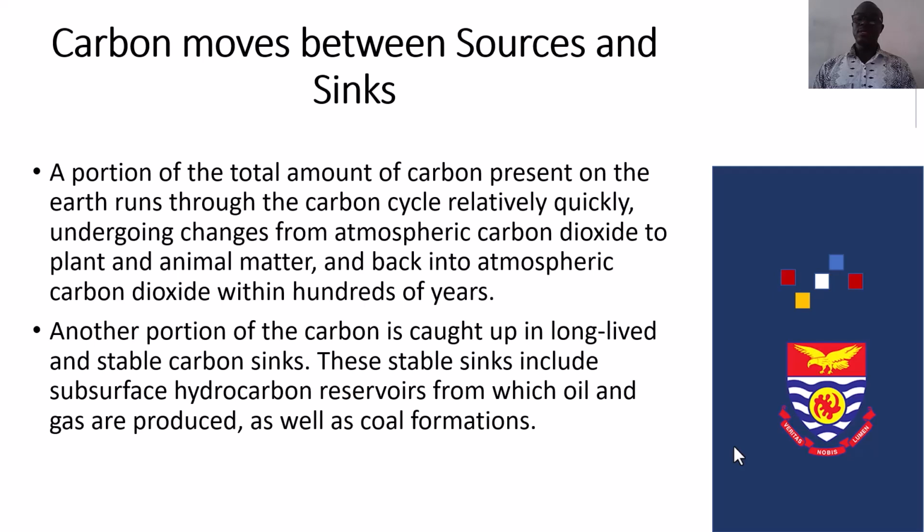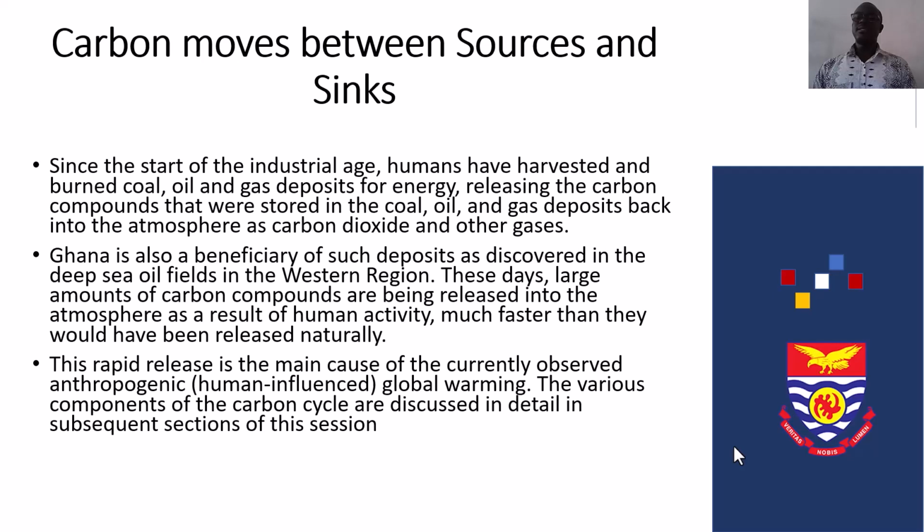These stable sinks include subsurface hydrocarbon reservoirs from which oil and gas are produced, as well as coal formations. Since the start of the industrial age, humans have harvested and burned coal, oil and gas deposits for energy, releasing the carbon compounds that were stored in the coal, oil and gas deposits back into the atmosphere as carbon dioxide and other gases.